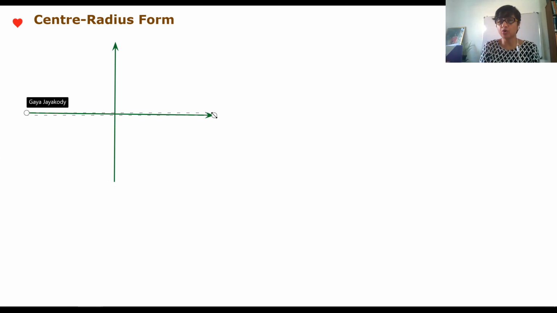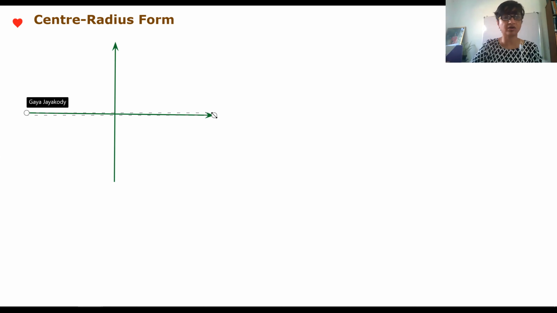If you know the coordinates of the center of the circle, and if you know the length of the radius of the circle, so three pieces of information, coordinates would have two numbers, coordinates of the center and the radius, that's one number. Three numbers, if you have these two pieces of information that involve three numbers, you can put them into this form. I will give you what that form is.